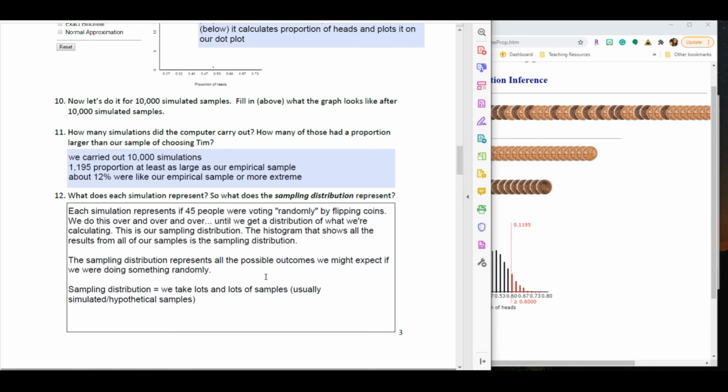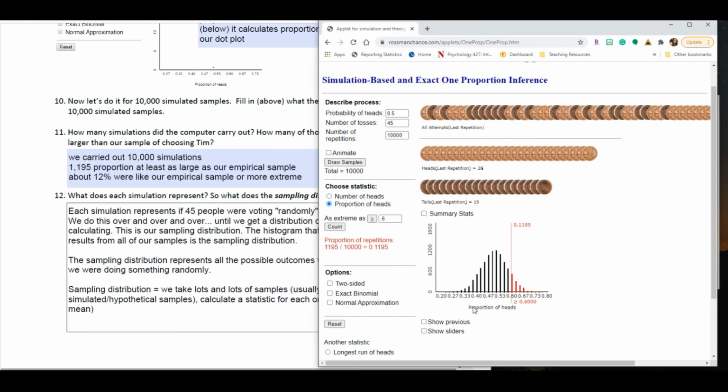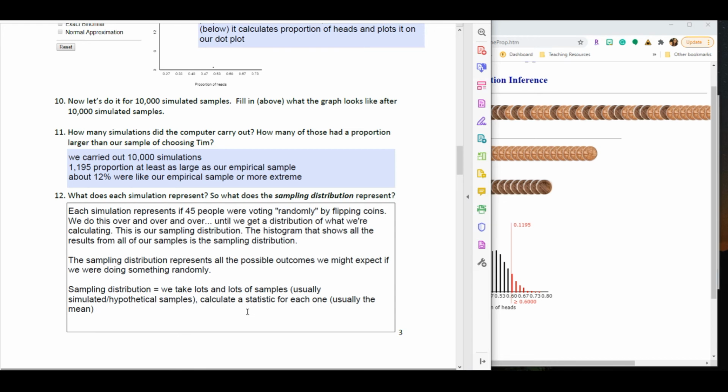We take lots and lots of samples, calculate a statistic for each one. Usually in our class, we're going to be doing the mean. We're going to talk a lot about the sampling distribution of the mean. This example, it's not the mean that we're calculating, it's the proportion. So this would be a sampling distribution of proportions. But starting next time or the time after that, we're mostly going to be looking at the mean, because the mean is so helpful because it balances errors.